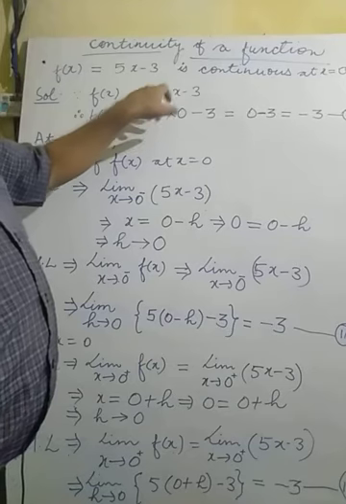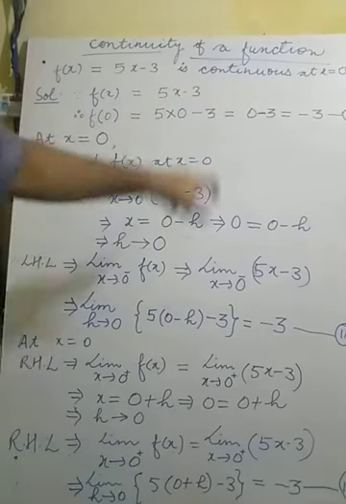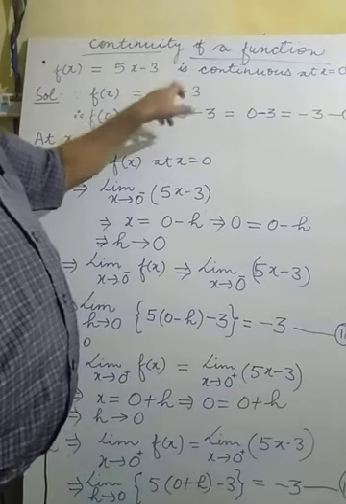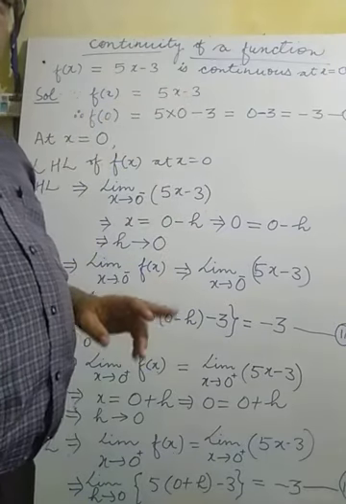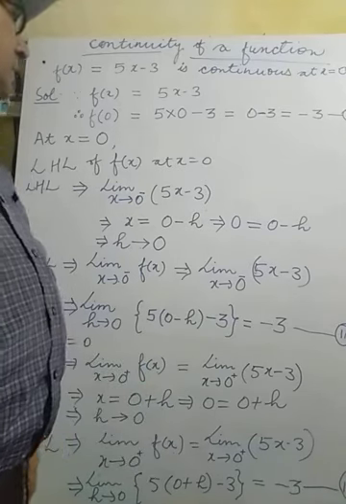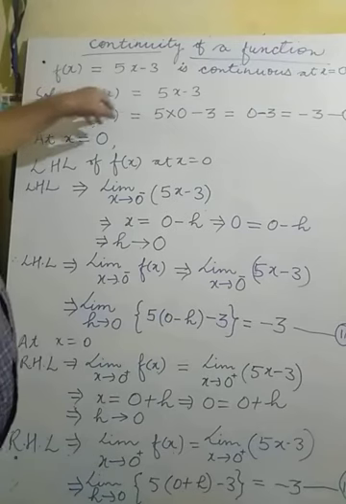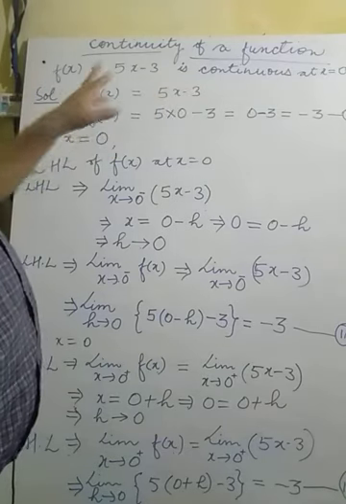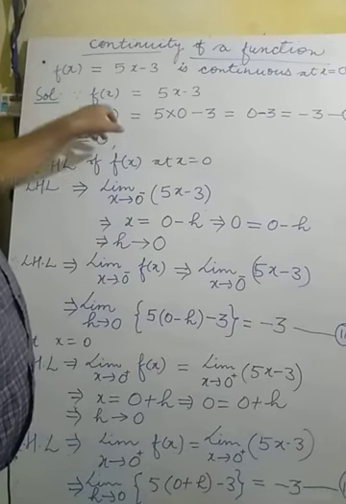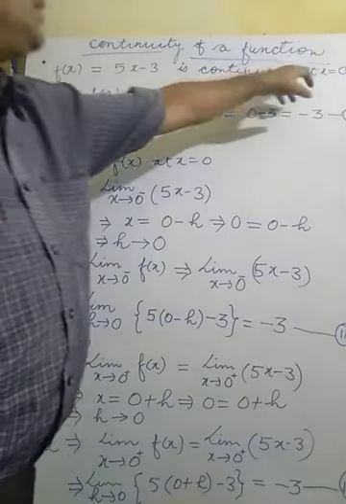After that, we have to subtract 3 from 5 into x. Whatever comes, that is the value of the function at that particular point. So, since f(x) equals 5x minus 3, therefore f(0), because x equal to 0 is given here.